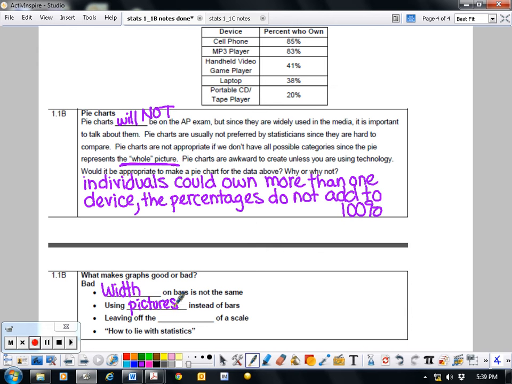And this kind of goes back to the area, because as you enlarge a picture and stuff like that, again, it usually grows up and out. So it's increasing 2 dimensions and it's making it a bigger area, and it's really not proportional to the area you're trying to illustrate. And then a big no-no is leaving off the bottom of the scale.